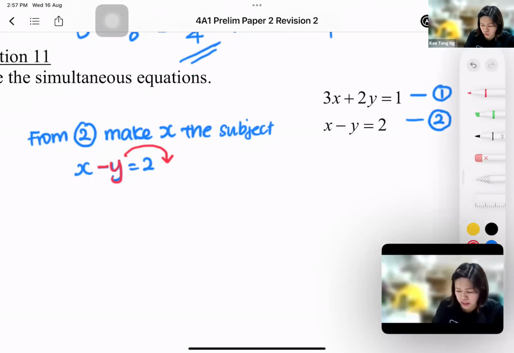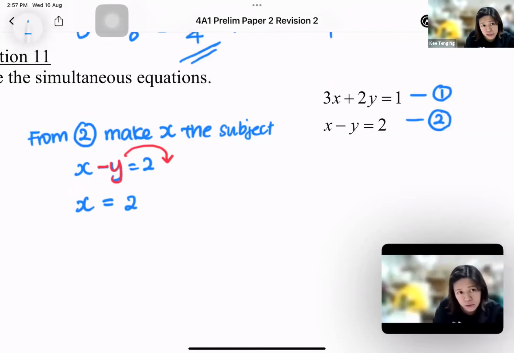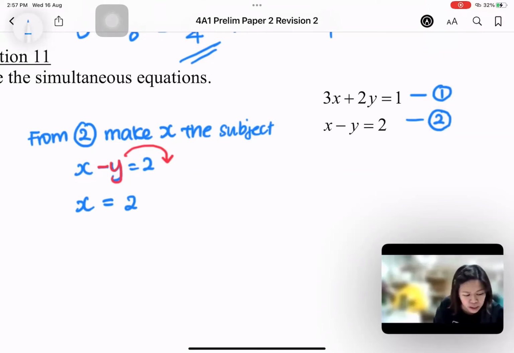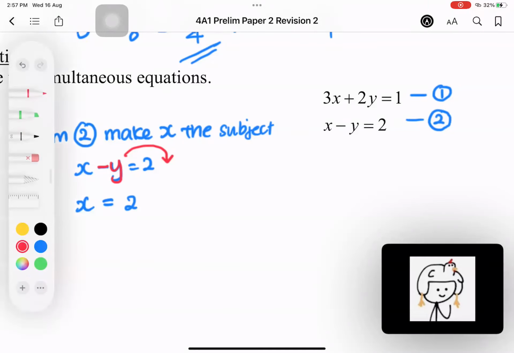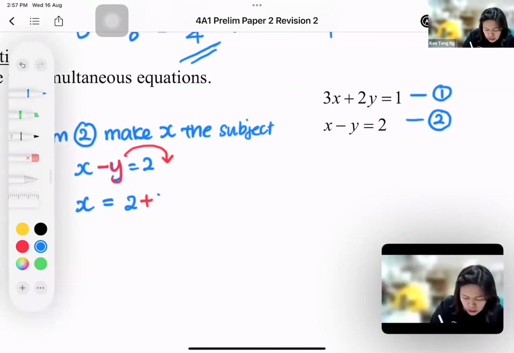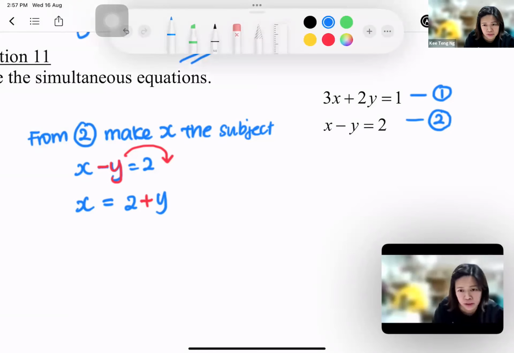So in this case, x equals to 2, the negative y bring over there become plus y. This is the mistake that a lot of you made previously during your worksheet, classwork or whichever. Okay, because you all forget to change the sign or you all never multiply the sign.